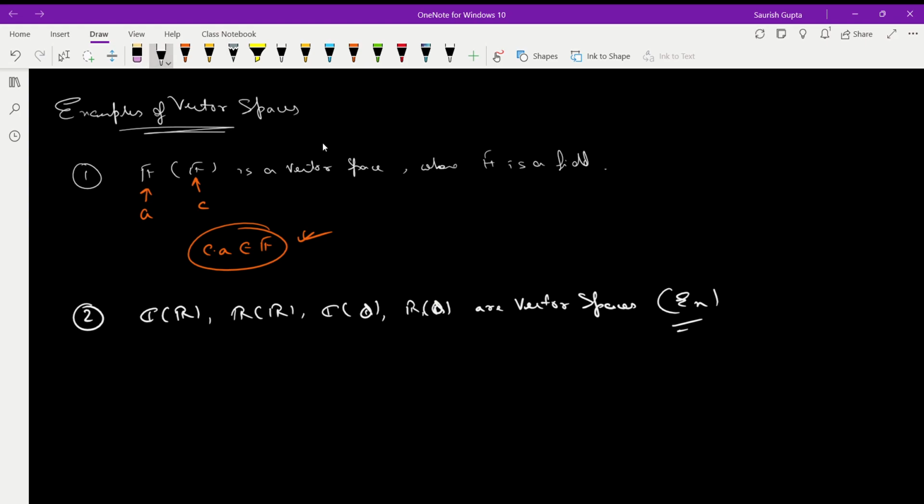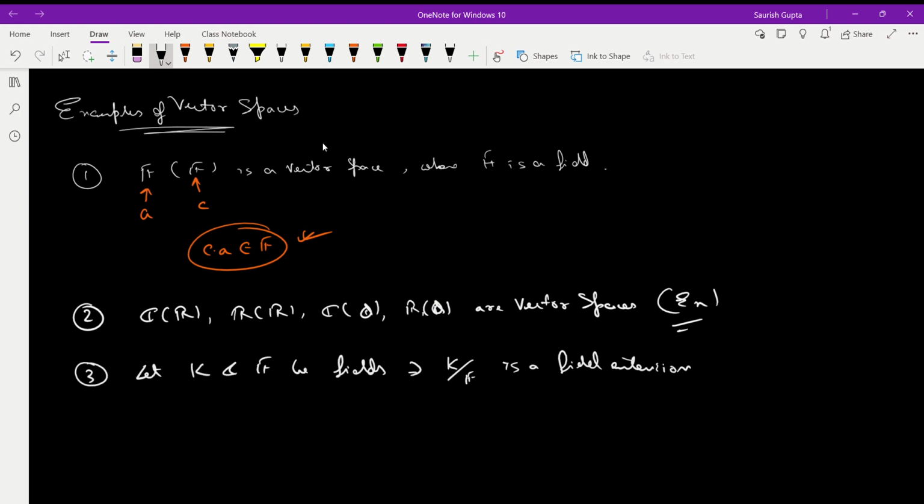One more thing I should describe here: you cannot have a vector space with the underlying field being an extension field of the vector space's field. To be more precise, let K and F be fields such that K over F is a field extension.